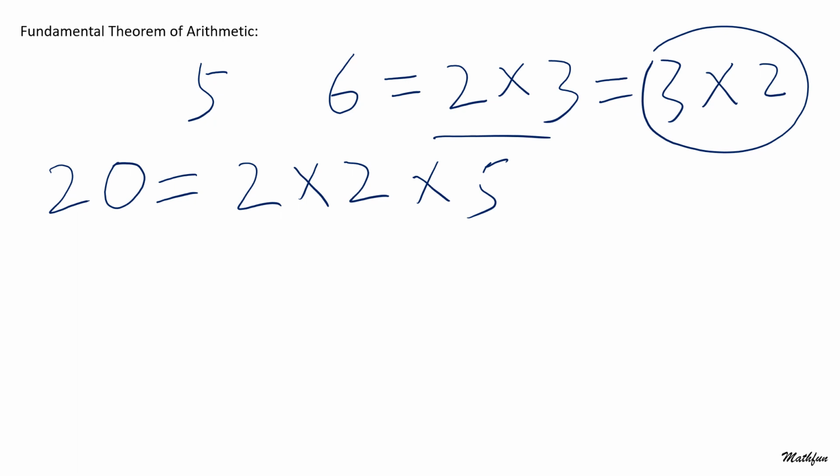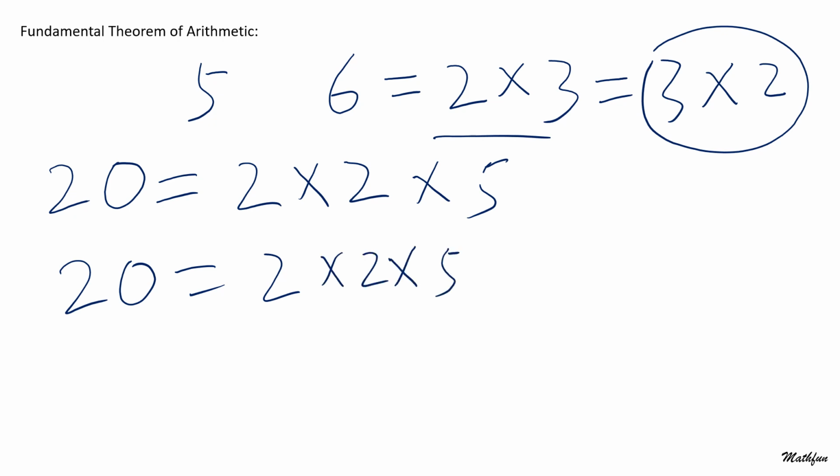Now, why does this have anything to do with 1 not being able to serve as a prime? Because if 1 is a prime, then we still pick 20. 20 can equal 2 times 2 times 5, right? So that's one of the options here. But we can multiply by 1. Still the same.